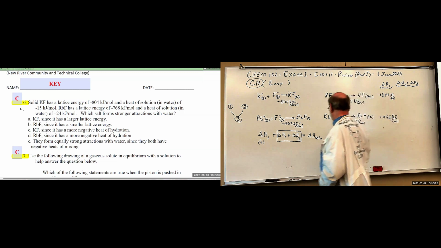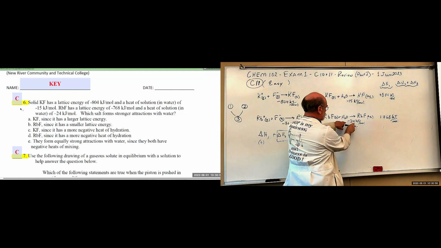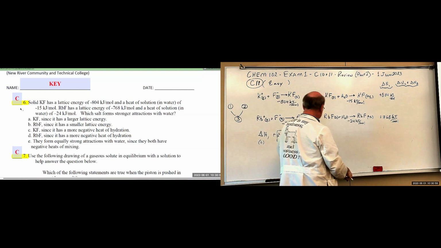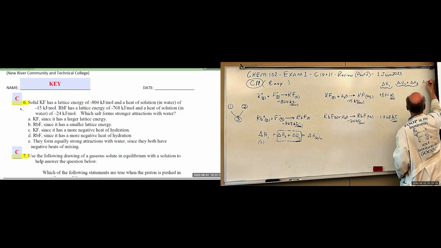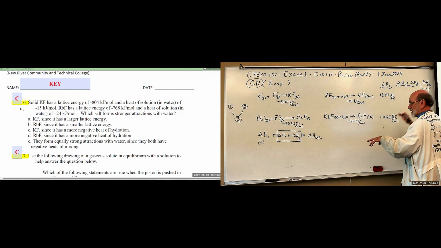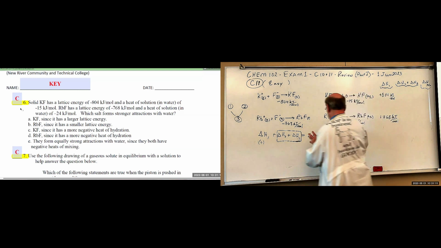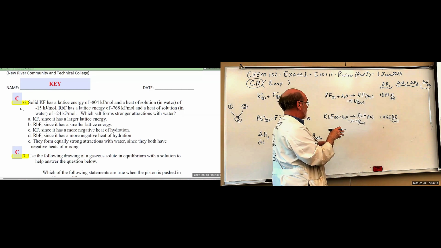How about this value over here? Well, we don't know that one yet, but we do know the heat of solution that was given to us right here. The heat of solution for this one is actually going to be the amount of energy. These are exothermic processes.